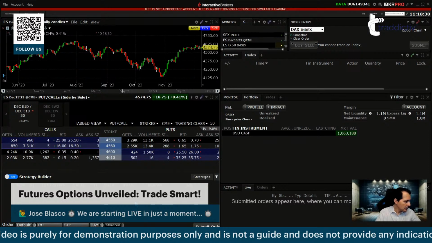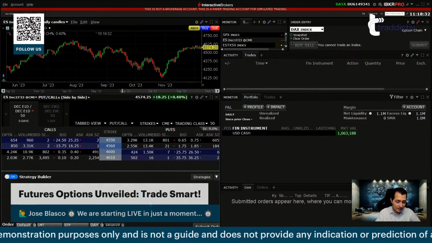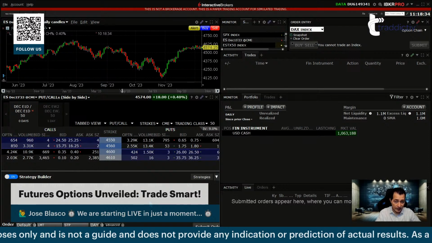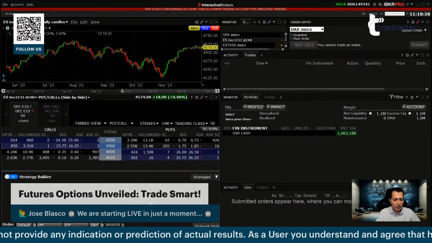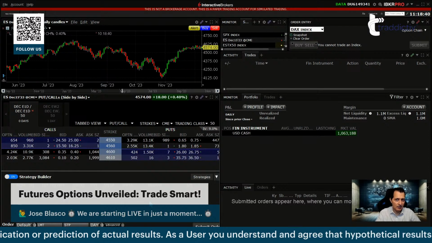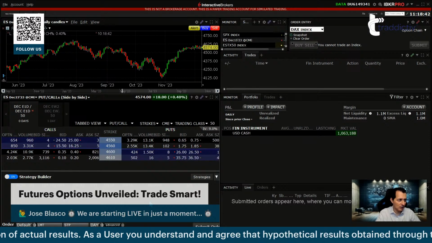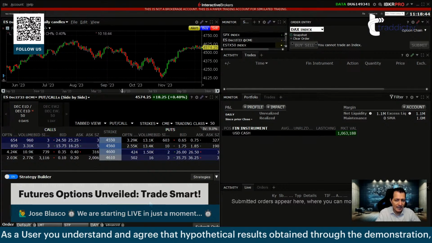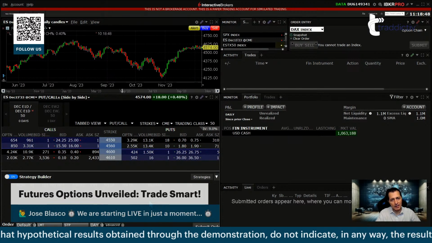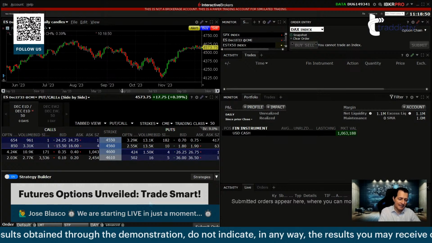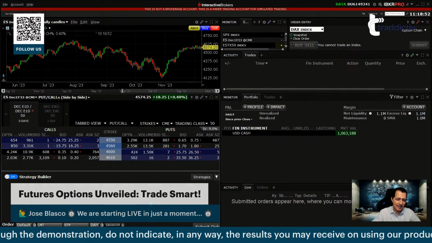Okay. So the main points that I had for today are here, because in the end, putting that on the side, trading options on futures is basically the same thing as trading options on equities. This is really the delicate part that you need to know before you do it. A couple more things I want to mention, but this is really the most important thing. As I said, everything else applies.